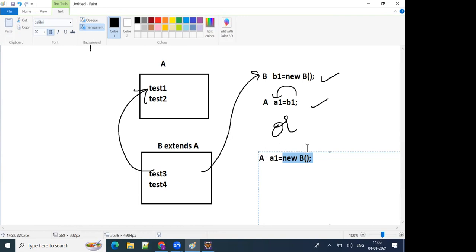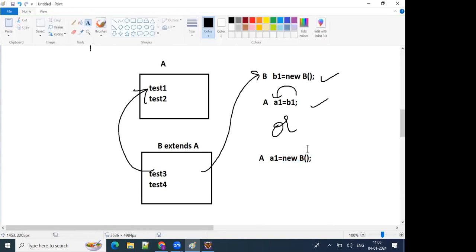Now in B, how many members do we have? Four members. But A1 can store how many members?